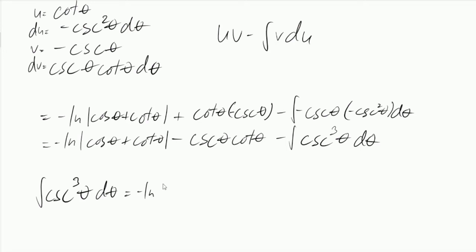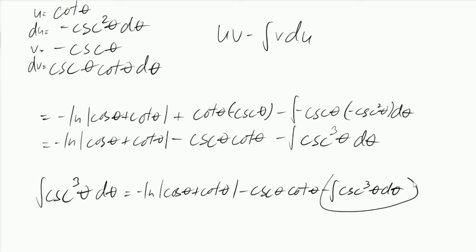So copy, so as you can see, we have these same terms here. So what we're gonna do is transpose it over here, so we can have 2 times the integral, since if you add both of these, it will be equal to 2 times the function here.